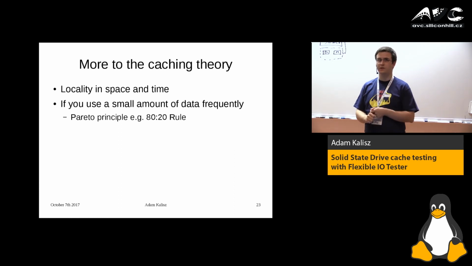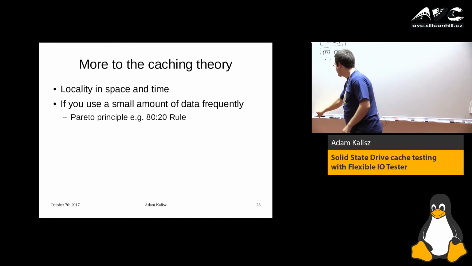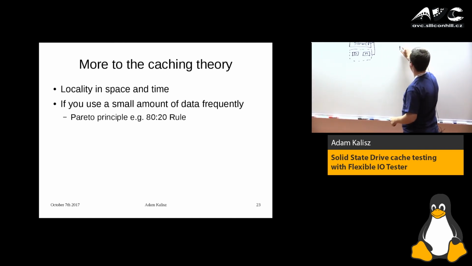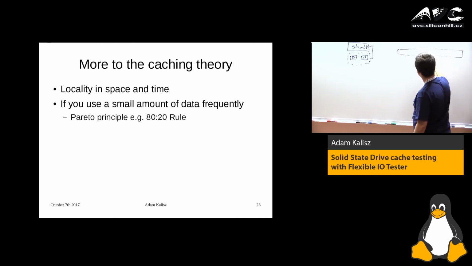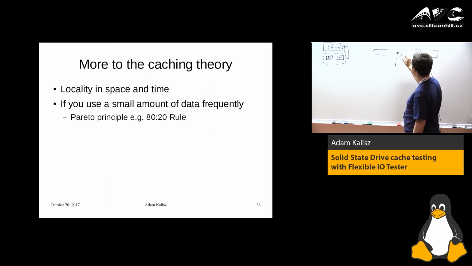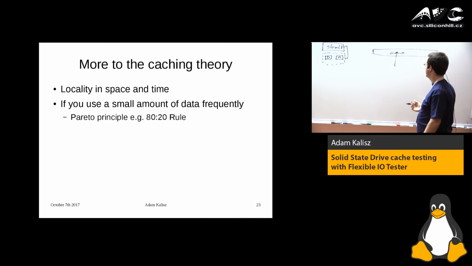Caching works by locality in space and time. What does it mean? Well, space means obviously if I have a hard disk or an SSD, I can imagine it as a stream of data, and if I access it here, then it's statistically verified that I will very likely access some data before or after that.